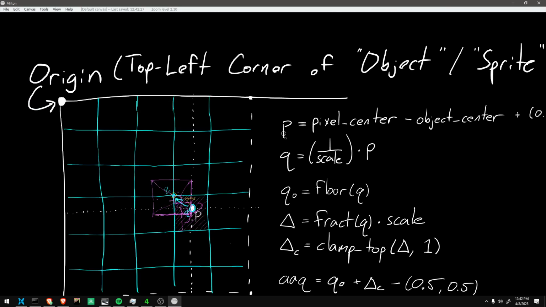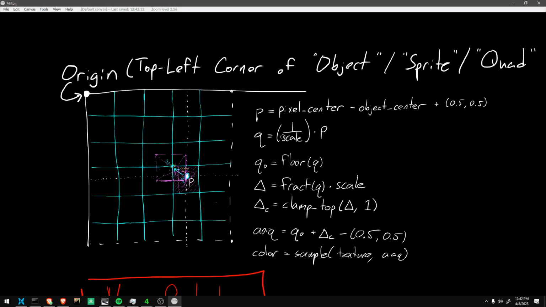P is in the space of real pixels, and Q is in the space of the large texels of our source art. The mapping from P to Q is the inverse of the mapping from Q to P, and the mapping from Q to P is what we call the scale factor.